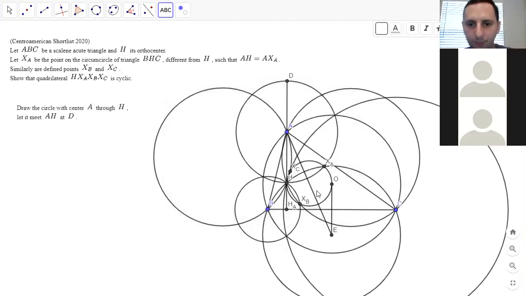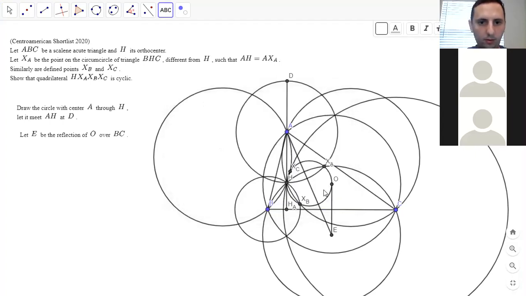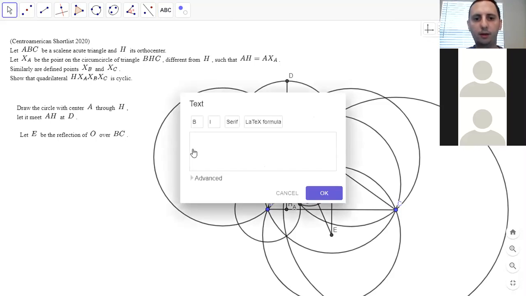And then let E be the reflection of O over BC. Okay, so it's well known that AH is equal to OE.